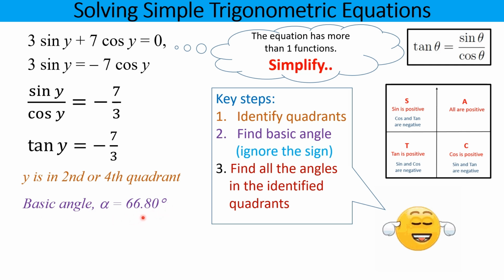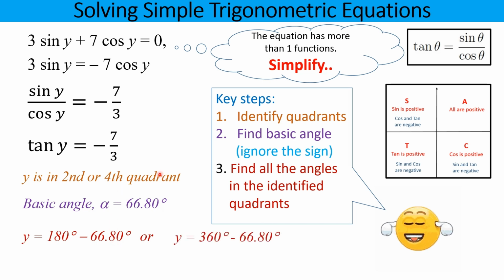Now the basic angle is done, so we are ready to move on to the third step, that is how to find all the angles in the identified quadrant. Since tangent is negative, how can we find the angle in the second quadrant? If you can recall, in the second quadrant it is 180 degrees minus alpha, which is 66.8, or the angle in the fourth quadrant, it is simply 360 degrees minus 66.8 degrees.